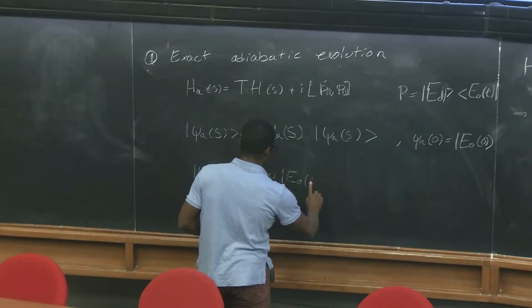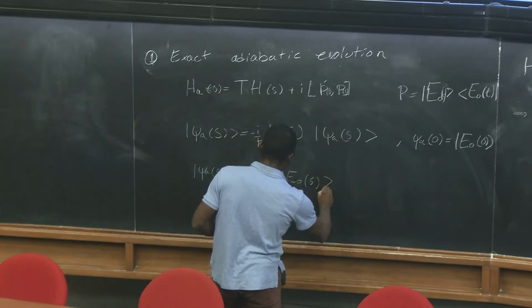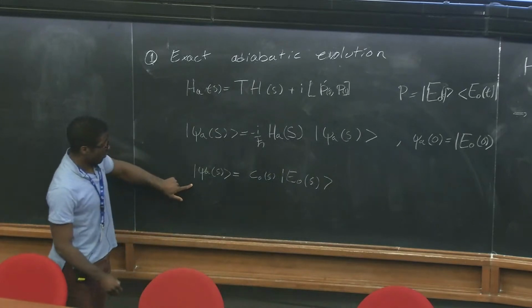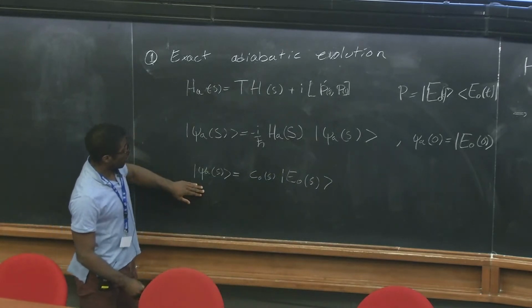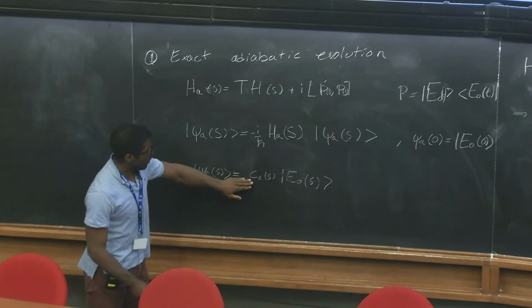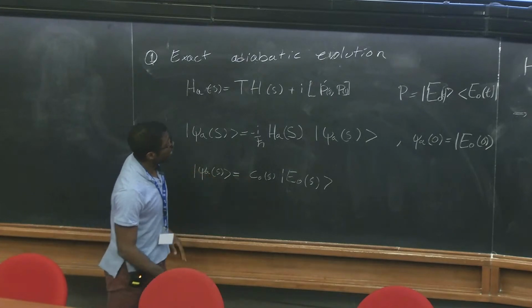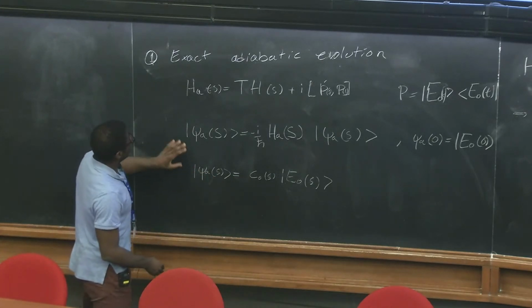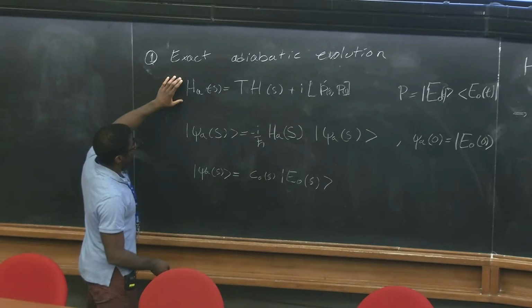So let's put S here because we want to keep everything in terms of S. This is going to be a solution of this equation with some appropriate C0, okay? And this means that the first step is defining a Hamiltonian which does the job exactly, which is implementing an exact adiabatic solution.